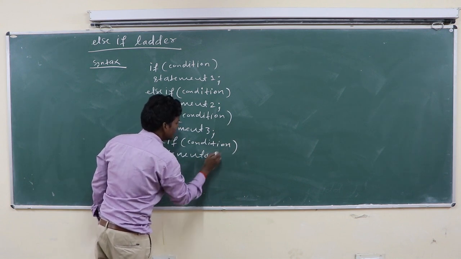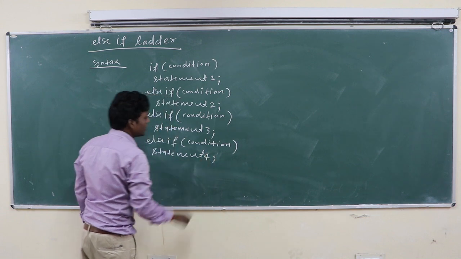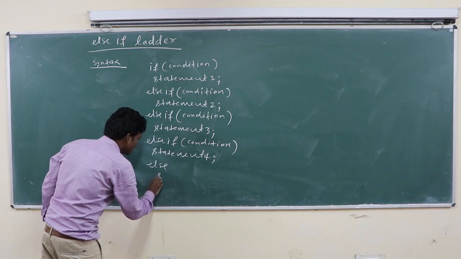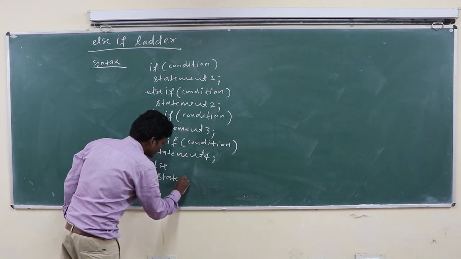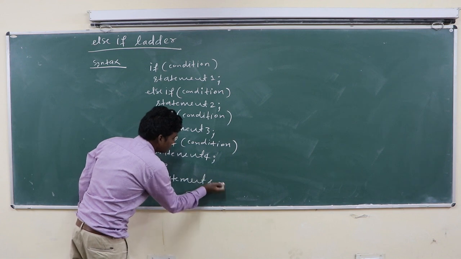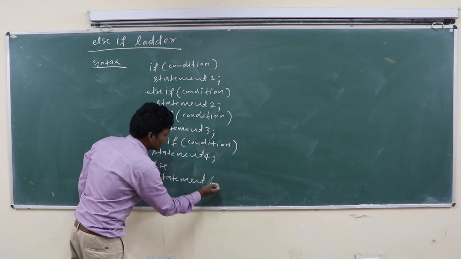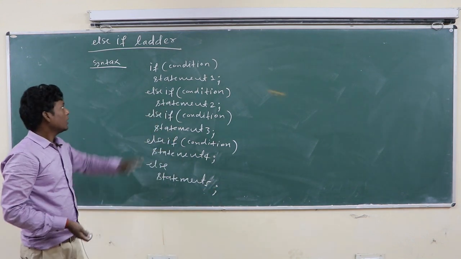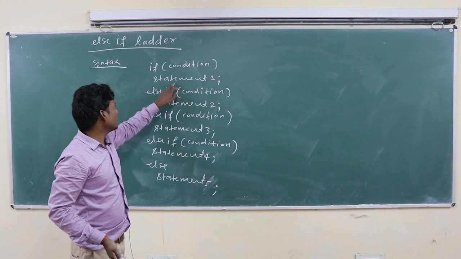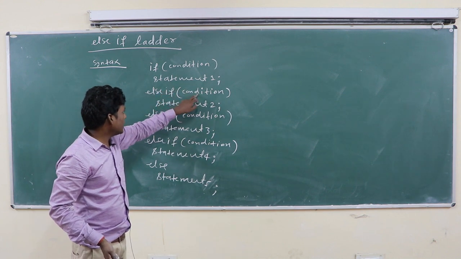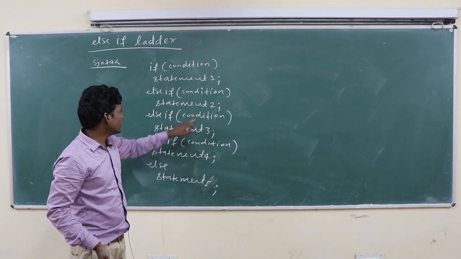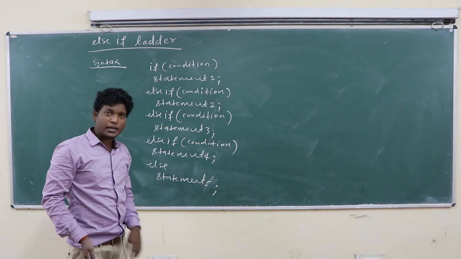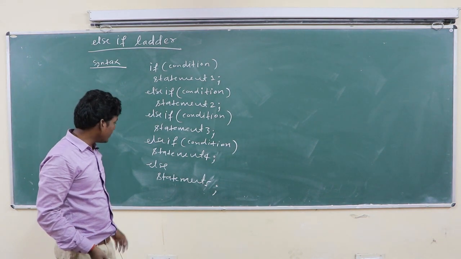It may be any number of times, depending upon your requirement, depending upon the problem. Finally, else statement 5. So: if condition statement 1, else if condition statement 2, else if condition statement 3, else if condition statement 4, so many times depending upon the problem requirement.